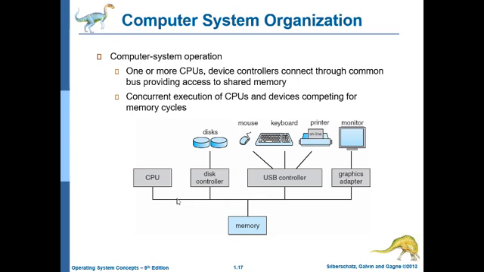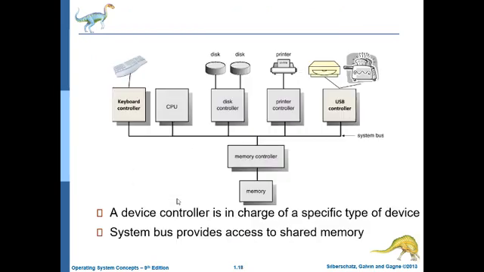So actually system bus, what you see here is the lines which connect, for example, the CPU to all other devices, or the disk controller to the disks and to the memory and to the CPU and all other devices in the system.